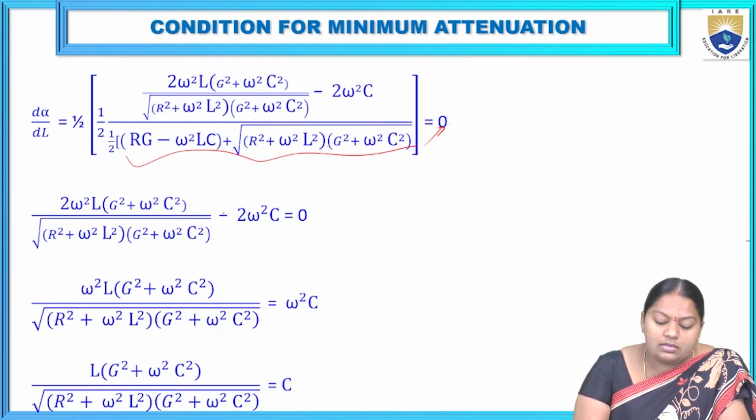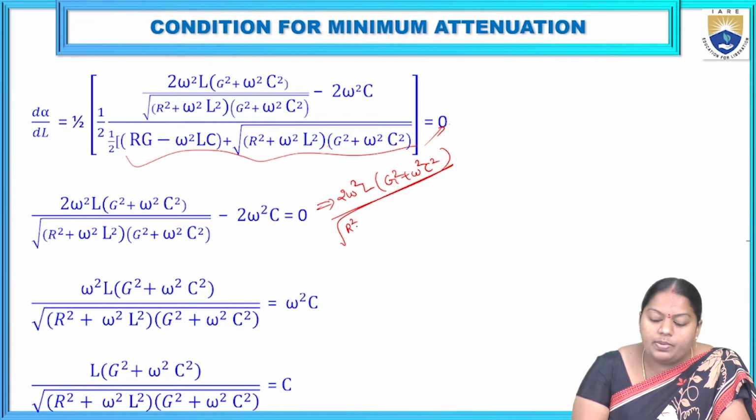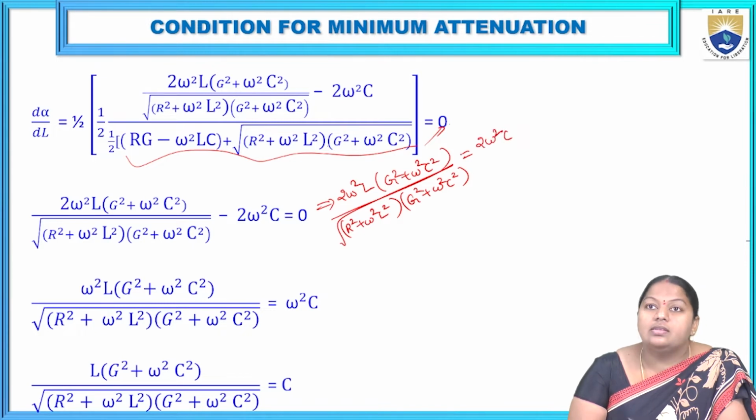Now if you take 2 as common, this is equal to 2 omega square L into g square plus omega square c square by root over r square plus omega square L square into g square plus omega square c square, which is equal to 2 omega square c.